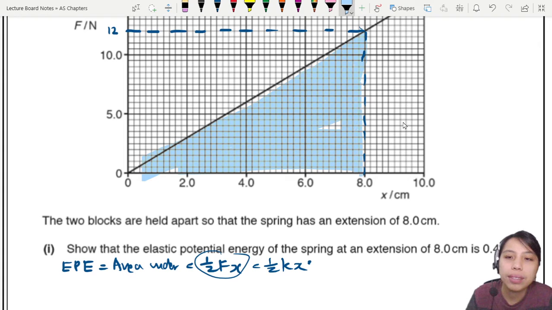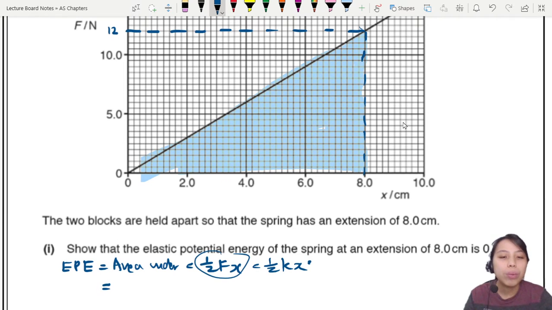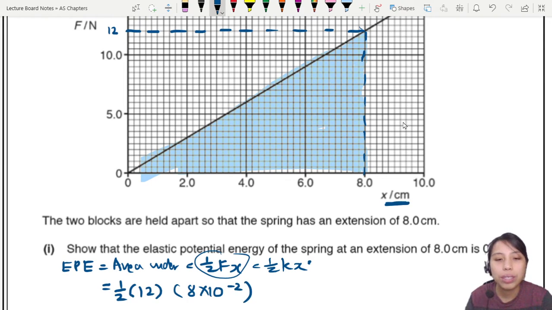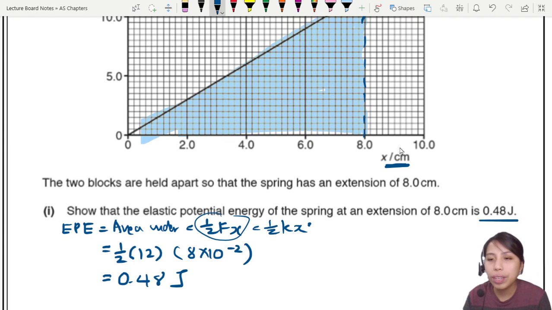Half Fx is really the force times distance, force dot distance. So this one we will take half. F is 12, distance is 8. Don't forget it's cm, so must add the centi. Oh, check your axis, okay? So this value, we press our calculator, we should get 0.5 times 12 times 8 times 10 to the power of minus 2, 0.48 joules. Proven? Yes. Very good. They give us the answer.